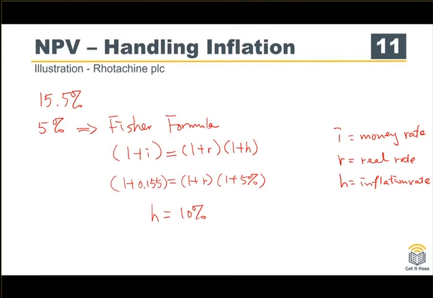So by using 10% to discount all real cash flow, remember, all real cash flow, you have to convert the money cash flow into real cash flow.